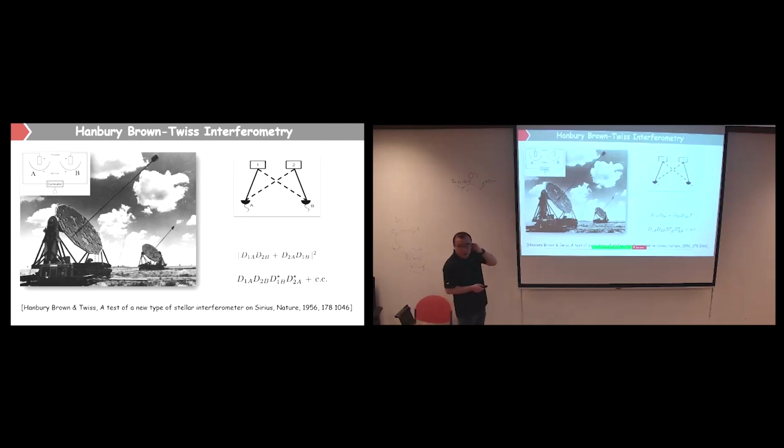And here is the HBT, people asked me about that. I don't know whether you know this paper published very early, in 1956, by Brown and Twiss. They were actually using two microwave detectors. Before, if people wanted to observe a star, they used interference, like a Mach-Zehnder interferometer or a Michelson interferometer, to observe the star.